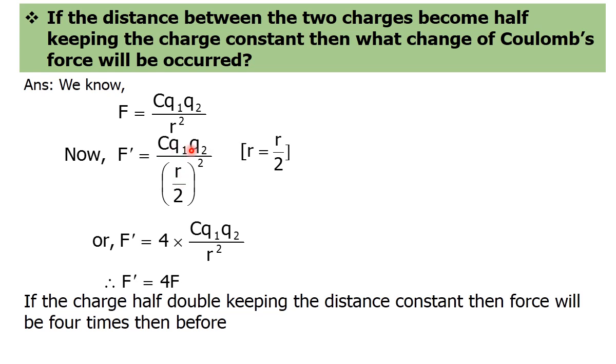Here the amount of charge is equal, that means q1 and q2 will be equal, and if we calculate then we can write here F prime equal to 4 C q1 q2 by r square, and the value of C q1 q2 by r square is F. So from the above calculation we can write F prime is 4 times F. That is why we can say if the distance becomes half, then the Coulomb force will be 4 times than before.